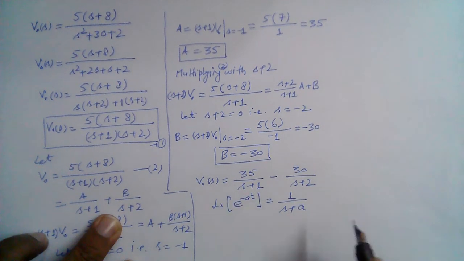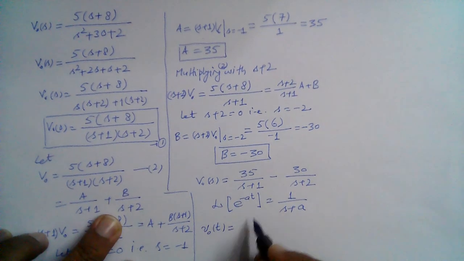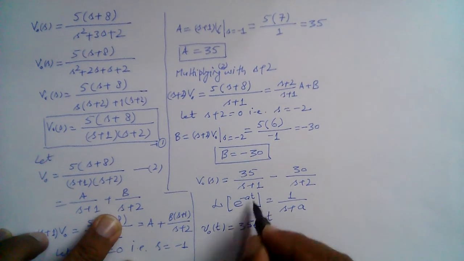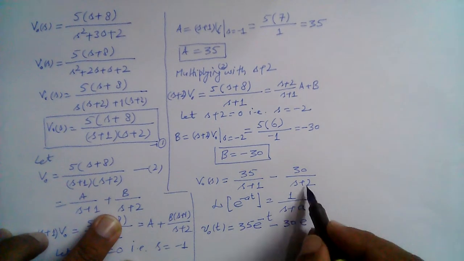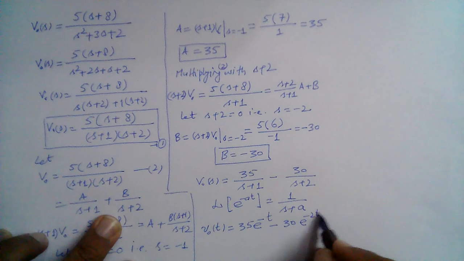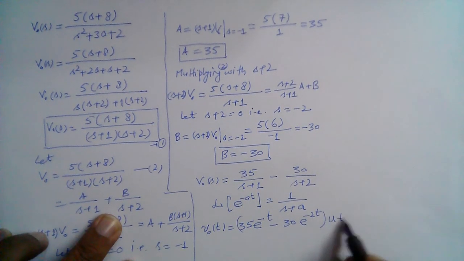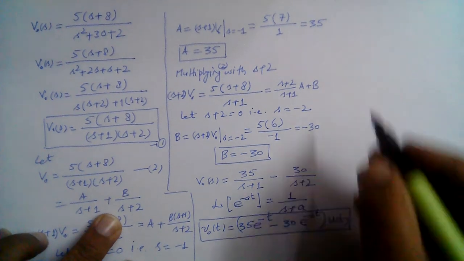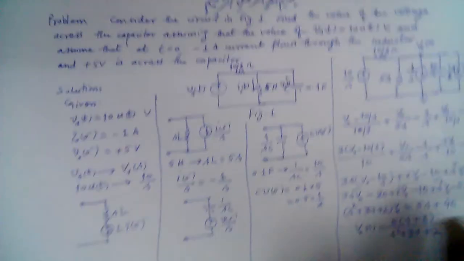So using the linearity property, this is 35 e raised to the power minus t, and for this it will be 30 e raised to the power minus 2t, and we can write u of t here to emphasize that the response is for t greater than or equal to 0.